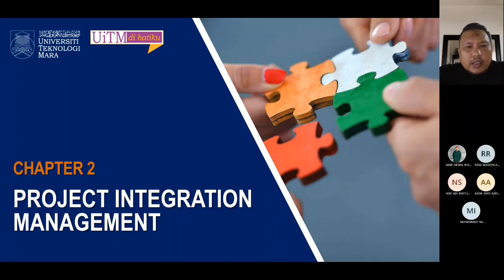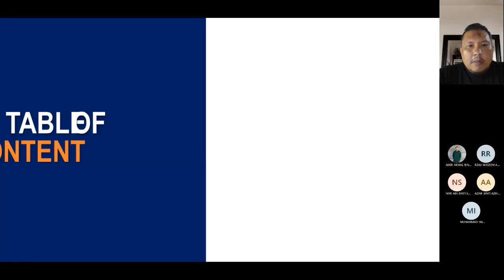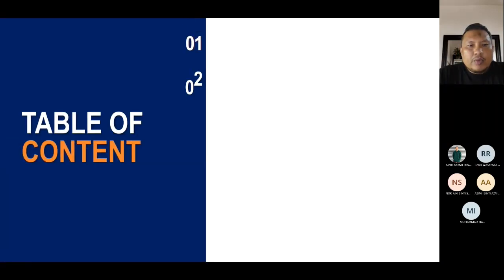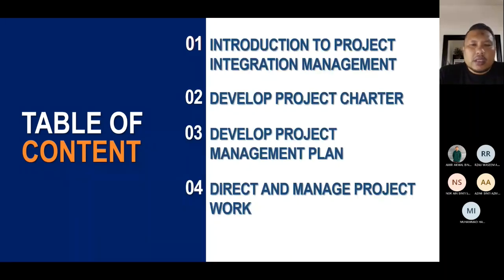Okay, the project integration management. What we cover in this project integration management: one, as usual, we start with an introduction to project integration management. Second, we discuss how to develop the project charter, this is your first assignment.